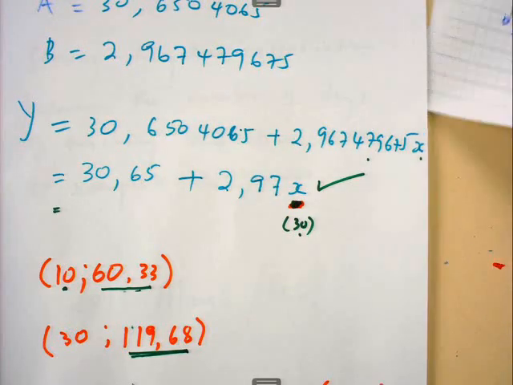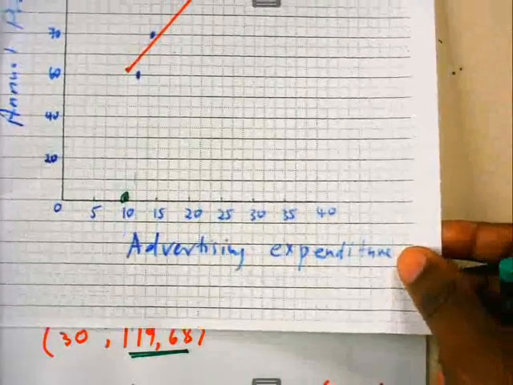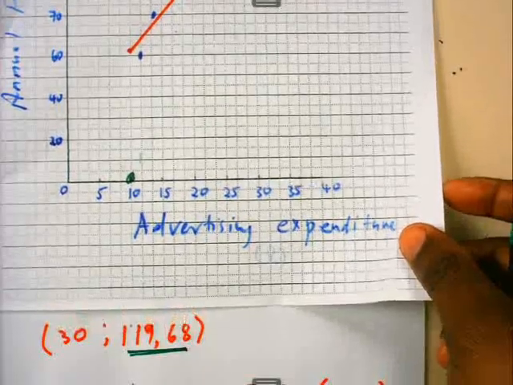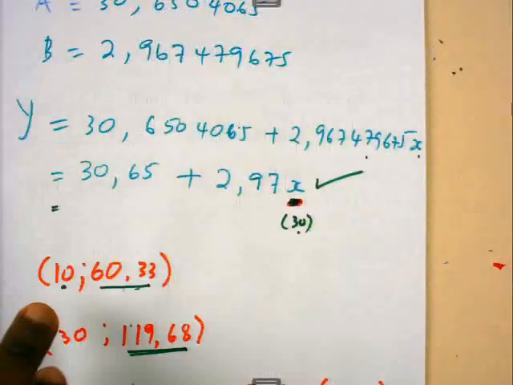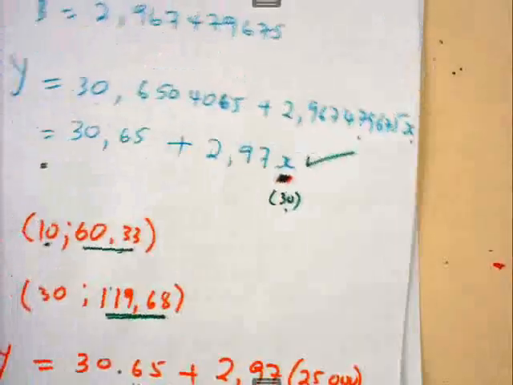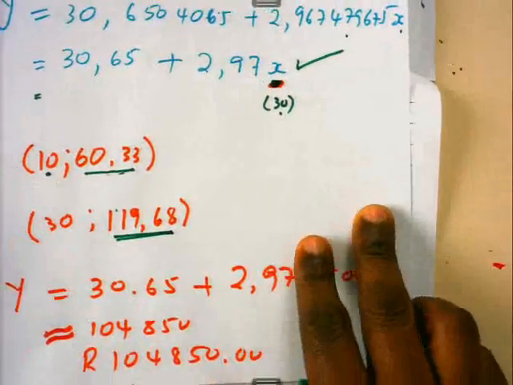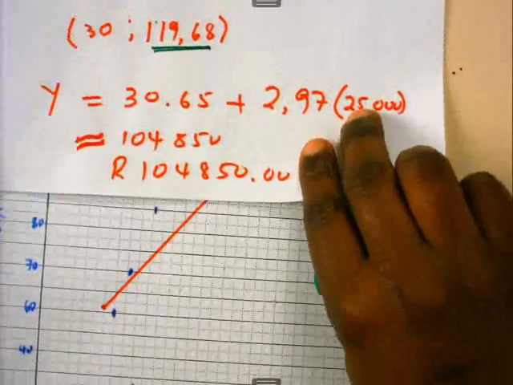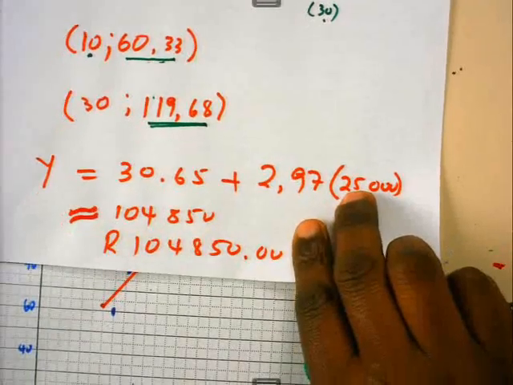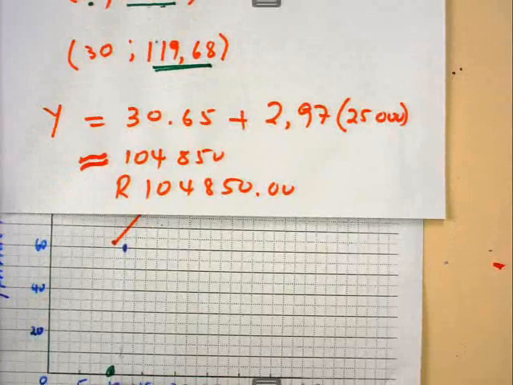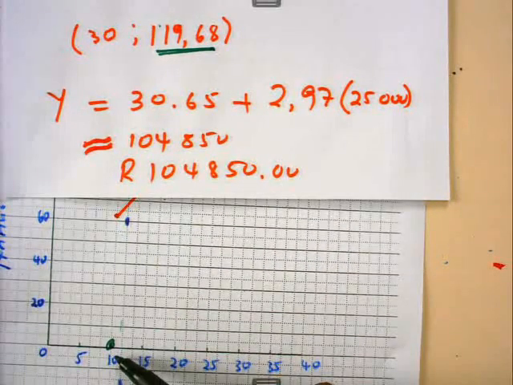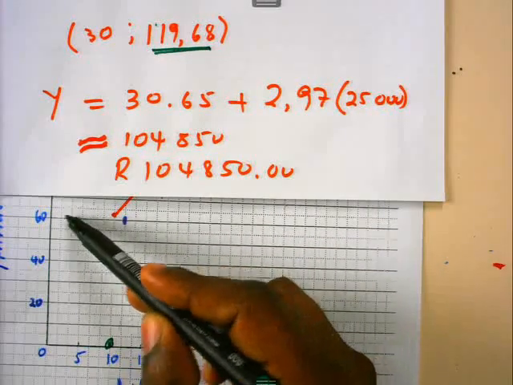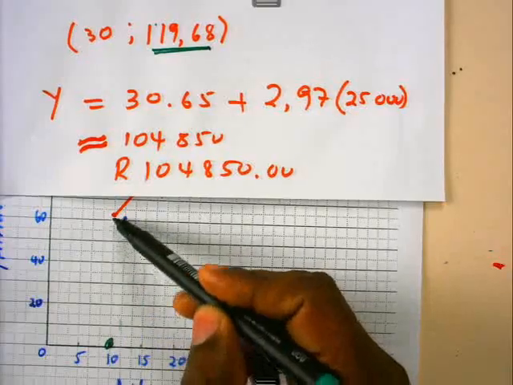So to draw the line, you have those 2 points. To draw the line now, remember, let me go a little bit up. Remember that at 10, we had 60.33. When we substituted 10, we had 60.